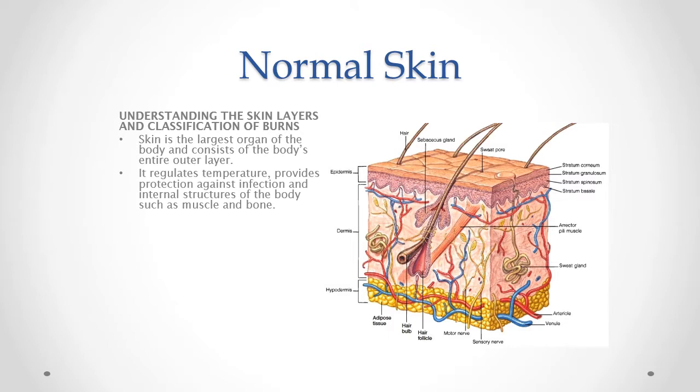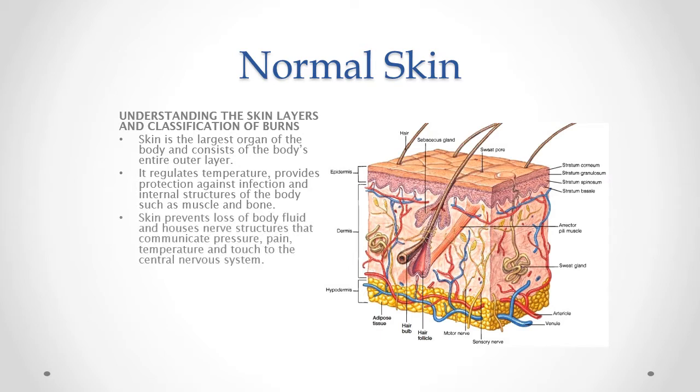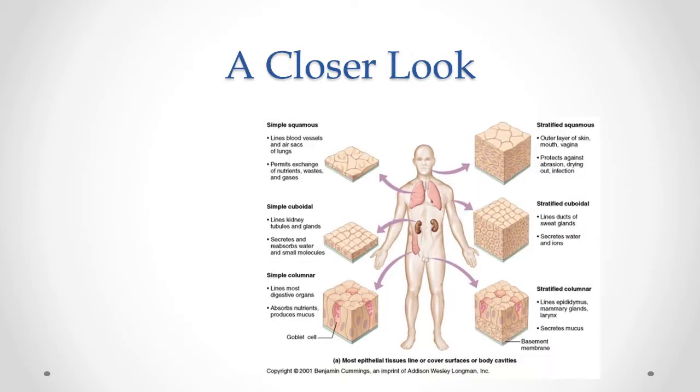It regulates temperature, provides protection against infection and internal structures of the body, such as muscle and bone. And the skin prevents loss of body fluid, housing nervous structures, communicating pressure, pain, temperature, and touch. It also contains glands, pores, and hair that function to regulate the body temperature. So we have a tall order for this little thin layer that surrounds the outside of our body from the outside world.